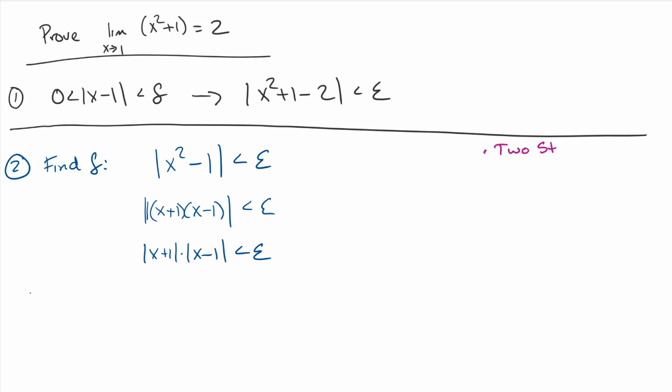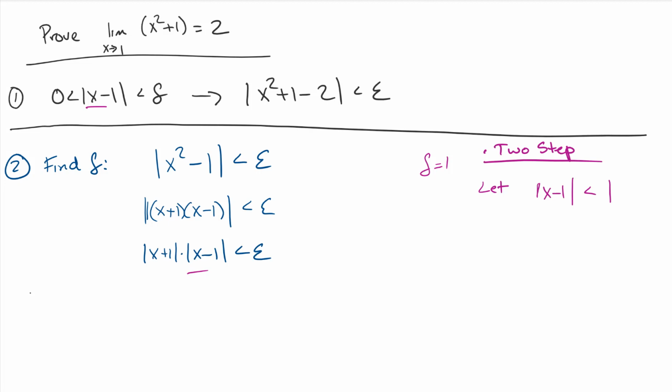It's weird. It's funky. Whichever one is next to delta, the absolute value of x minus 1, we're just going to say let it be less than 1.